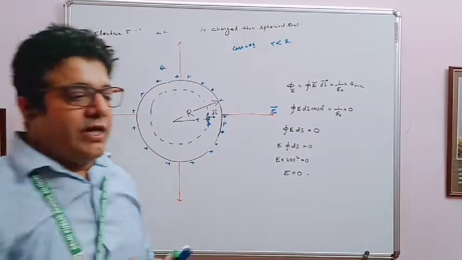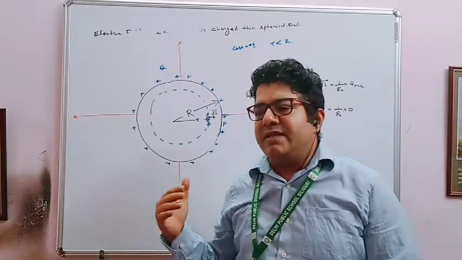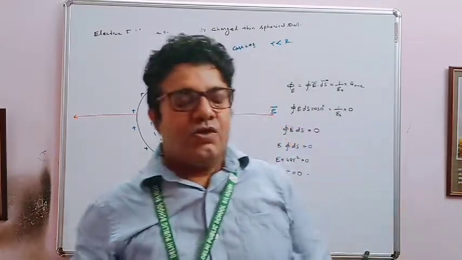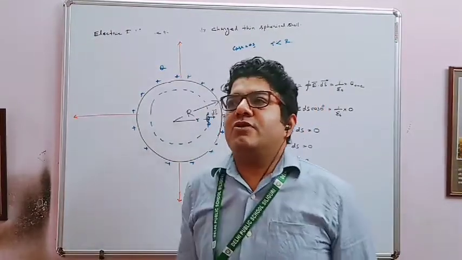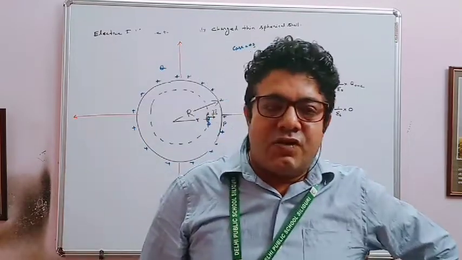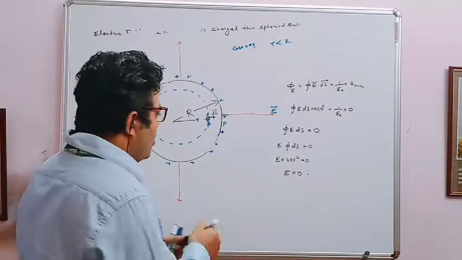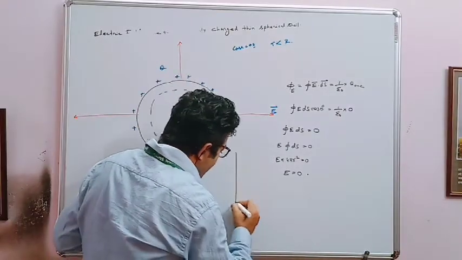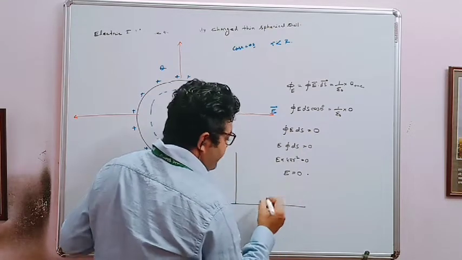So we have 3 points: number 1 outside the shell, number 2 on the surface of the shell, number 3 inside the shell. Outside the shell, the value of electric field is 1 by 4 pi epsilon naught q by r square. On the surface it is 1 by 4 pi epsilon naught q by capital R square, which is fixed, and inside the shell it is 0. So from that we can draw a graph.